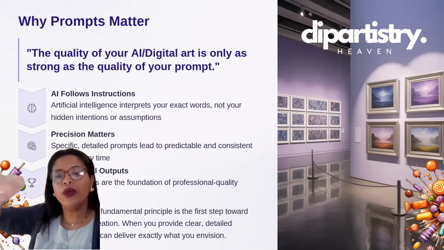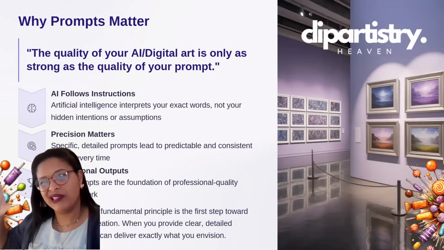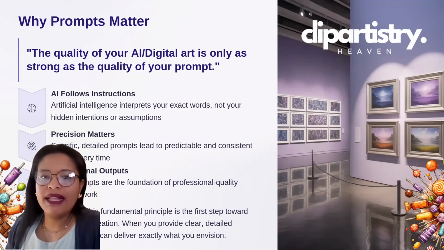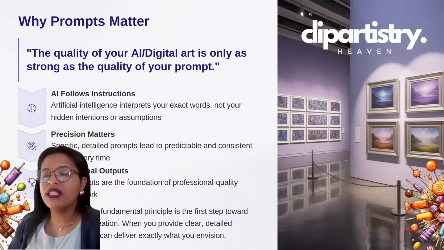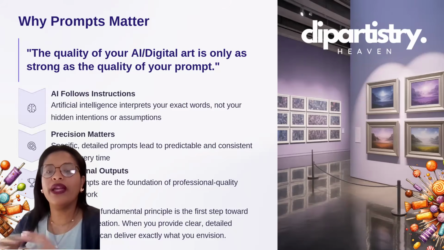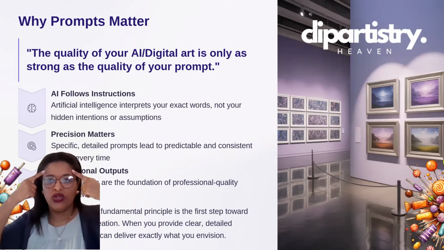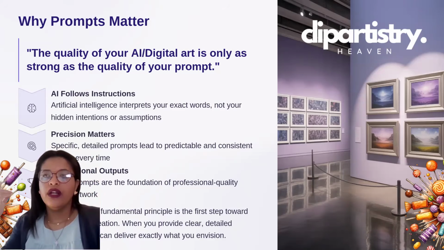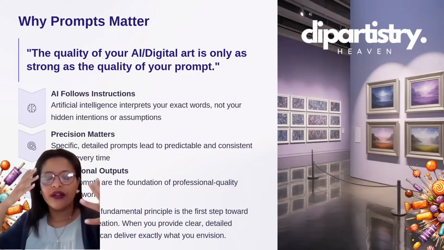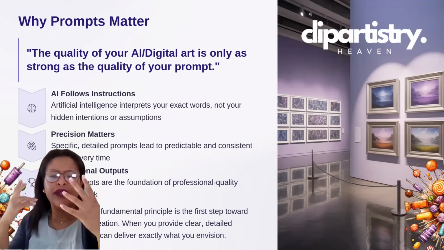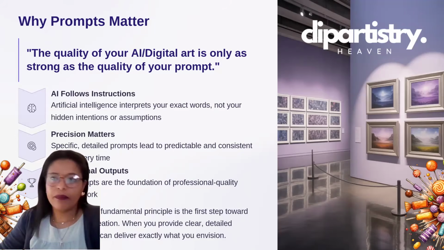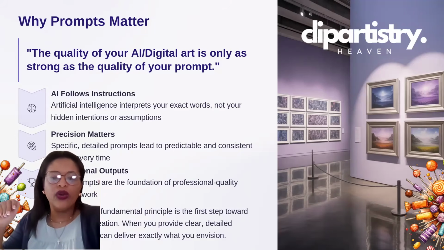So if you mumble in your prompt, you're going to get an output that is not really what you wanted, okay? Precision matters. Specific detail in prompts is what is required to predict. You need to have that image in your head. So a neon design of a Father Christmas sitting in the snow with his red outfit on, sipping on, whatever.